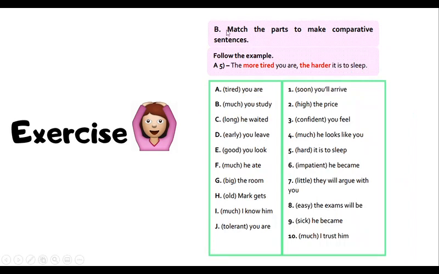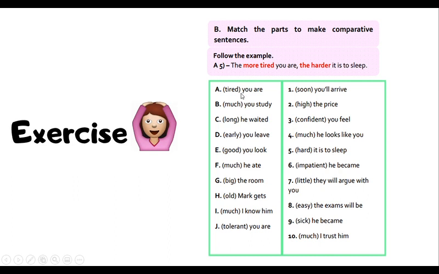Next is rule B. Exercise B. Follow the examples. So here are the examples, and you have to match between this column and this column. For example, A. Remember rule B: the plus comparative, comma, plus the plus comparative, right?